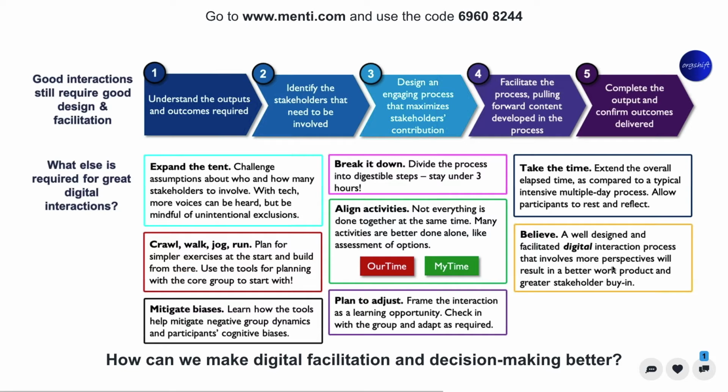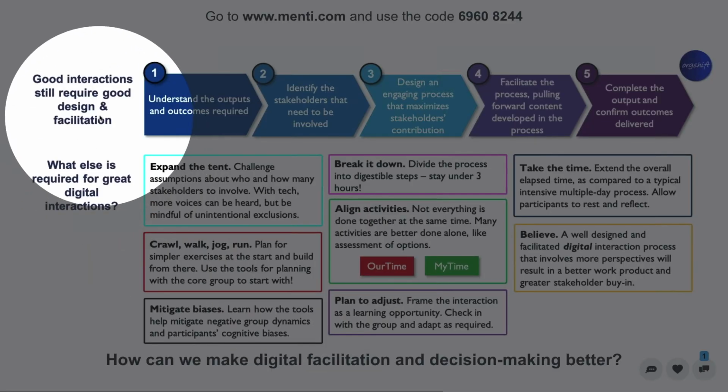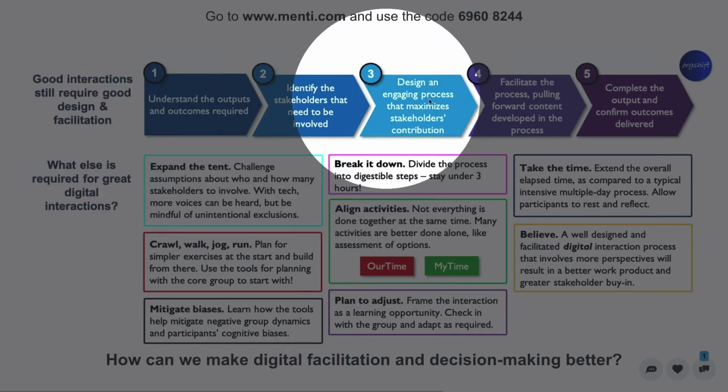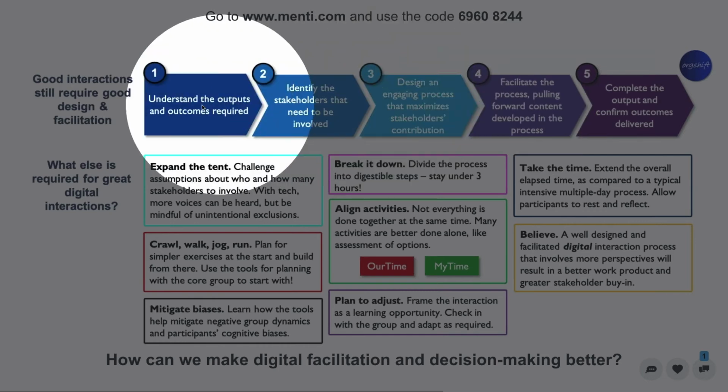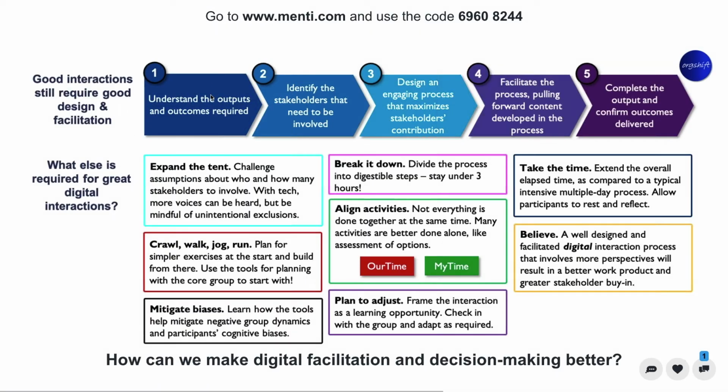So I really liked the point that was made earlier that in-person or virtual still requires facilitation, and you are dead on. Good interactions still require good design and facilitation. Following these 5 steps is no different digitally versus otherwise. You need to understand what you're trying to achieve.